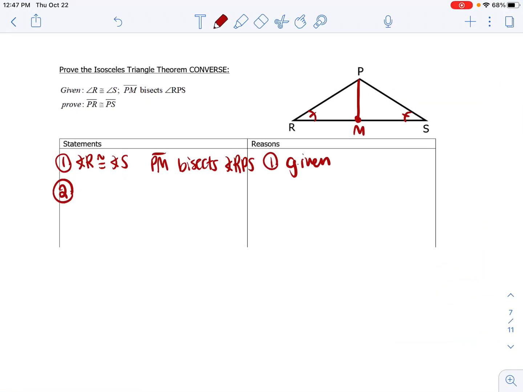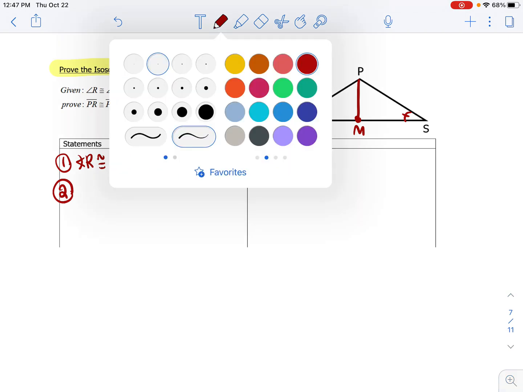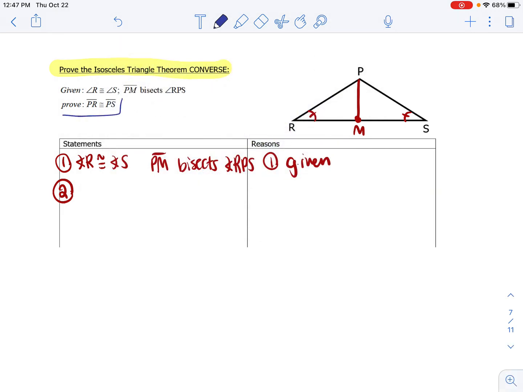In this diagram, we cannot assume that this is an isosceles triangle. We want to go with what we have in our given and then try and prove that segment PR is congruent to segment PS.